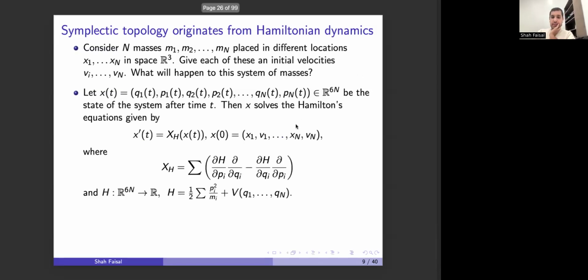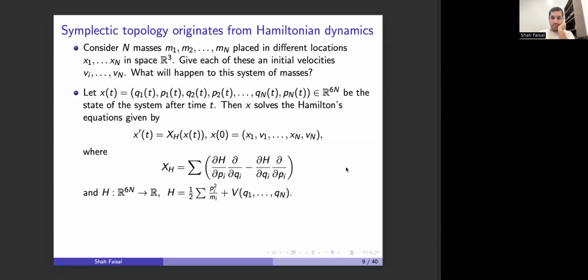And we know that this vector satisfies Hamilton's equation, which is basically a first-order system of equations, where the vector field is written in terms of the total energy of the system, given like this, where V here is the potential, the Newtonian potential.